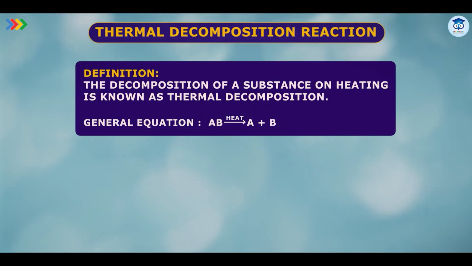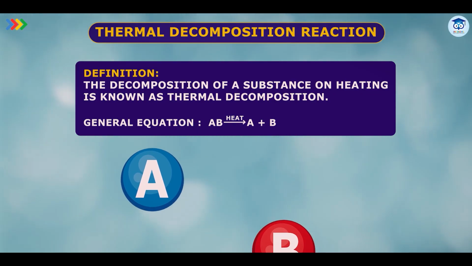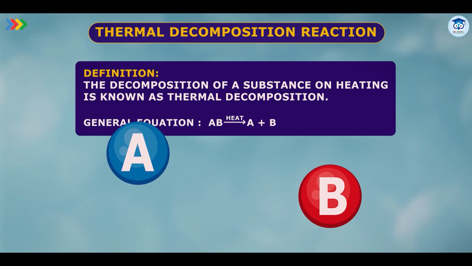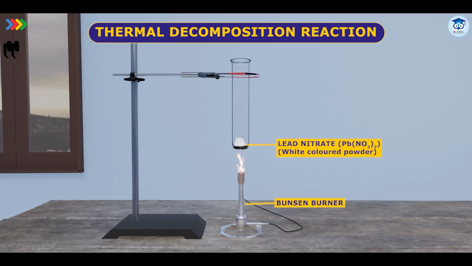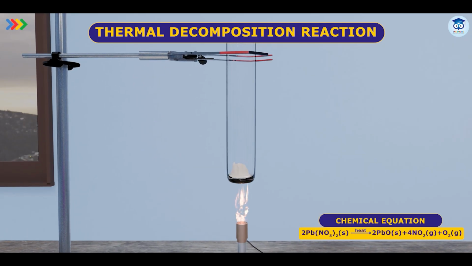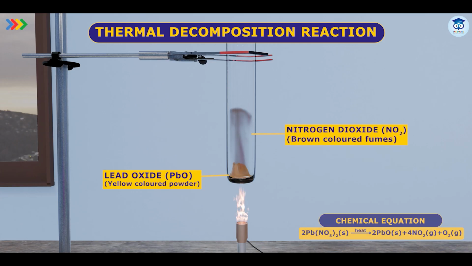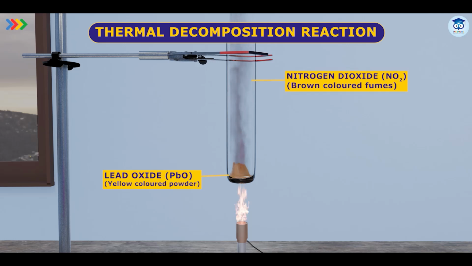So whenever we are heating a chemical compound to break it down into simpler forms, that will be our thermal decomposition reaction. For example, if I take lead nitrate powder in a test tube and heat it, on heating we will get lead oxide and brown fumes of NO2 gas are released. So this is our thermal decomposition because it involves heat.